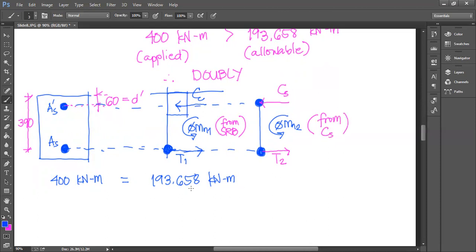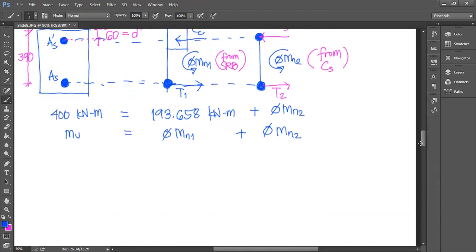So this means our 400, or our Mu, is equal to phi Mn1 plus phi Mn2. Simply put, the 193.658 is still lacking phi Mn2 to equate to 400. This means our phi Mn2 is just equal to 400 minus 193.658.